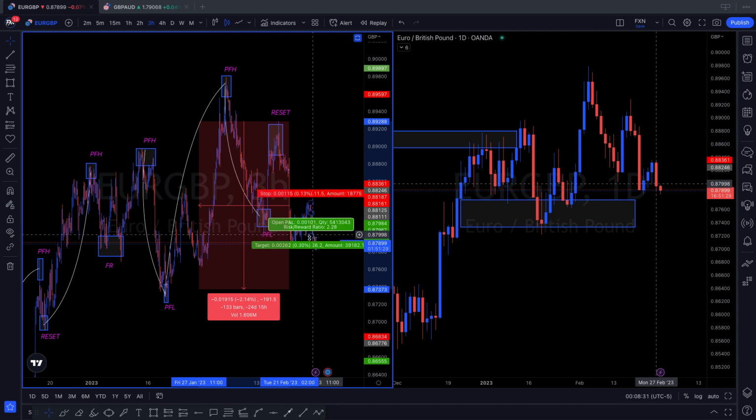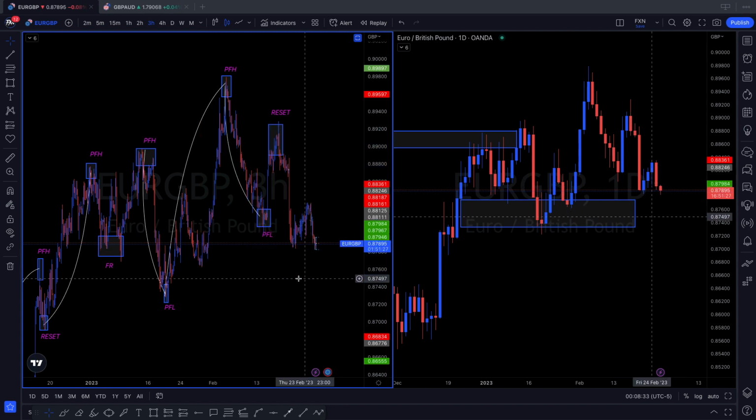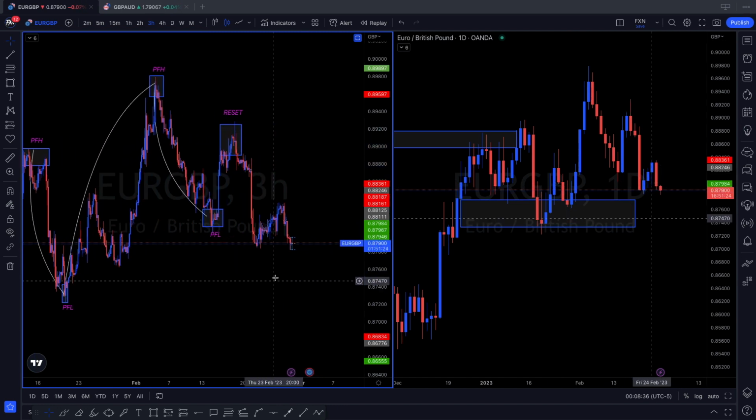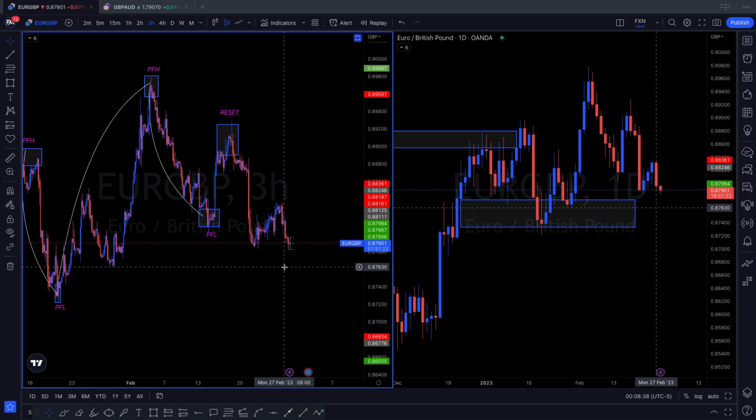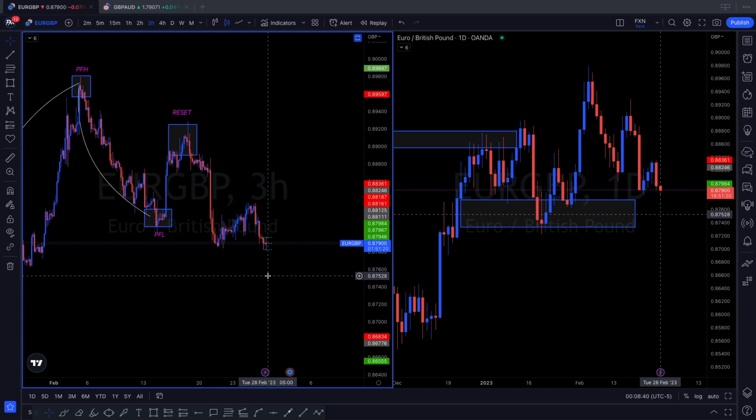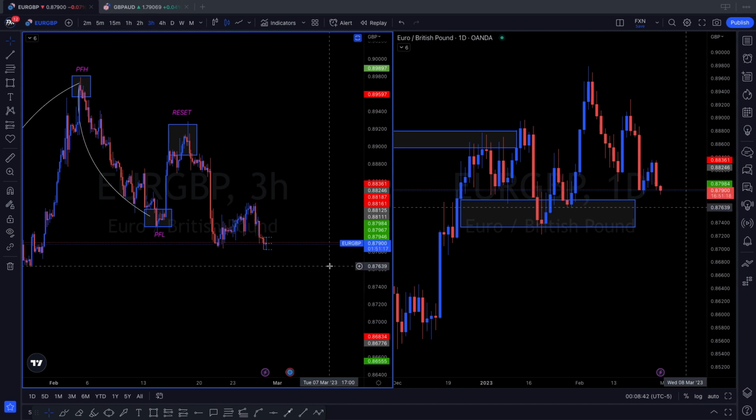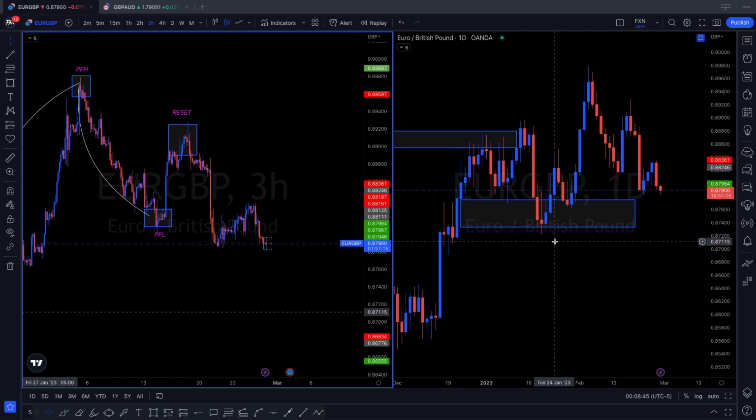So this gives us some room to work down and continue to look for sell setups. I'll be looking for sell setups on this particular pair for the upcoming couple of days to see if we can get some.